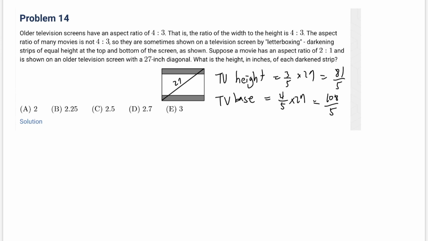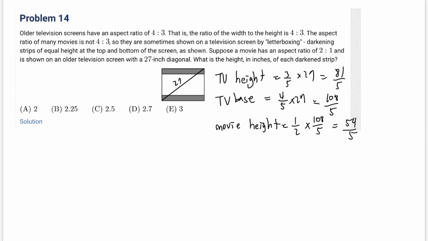This would also be the movie aspect ratio, right? So the movie height, which basically means this length, would be 1/2 of the TV base, right? So this is 108/5 halved, so it's 54/5.